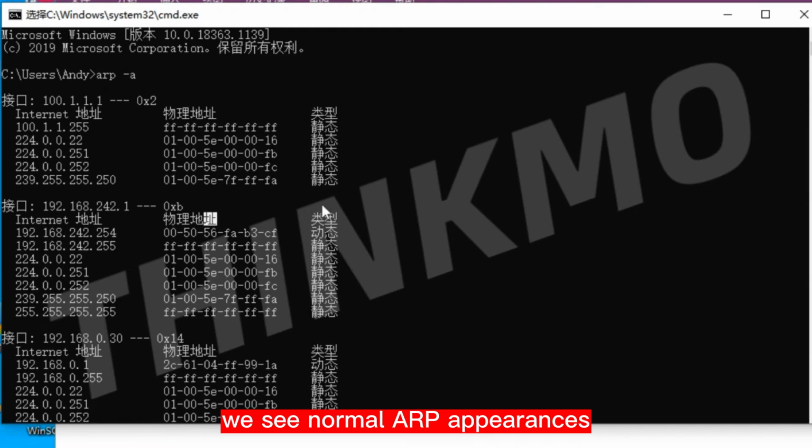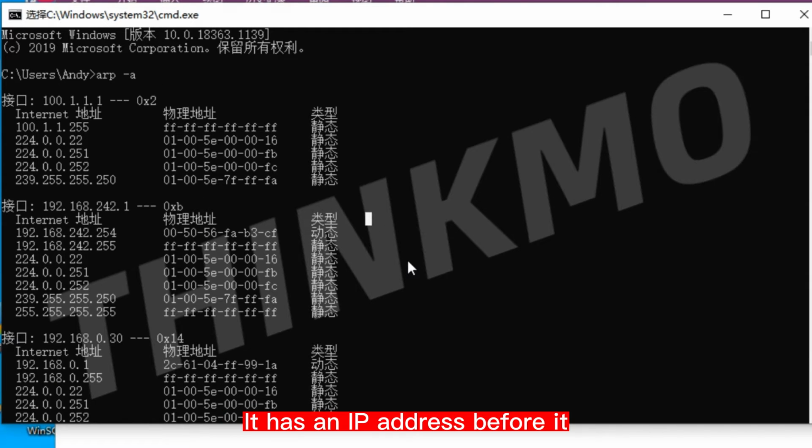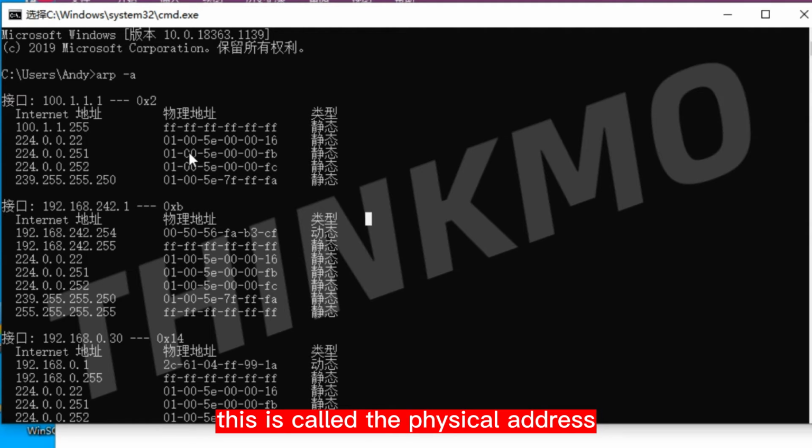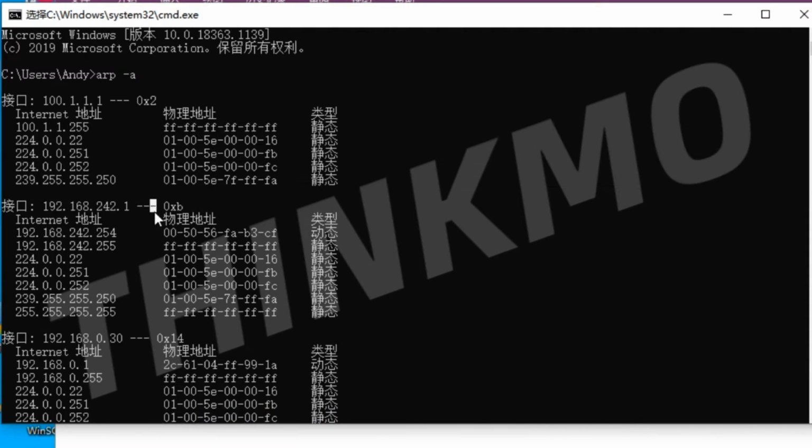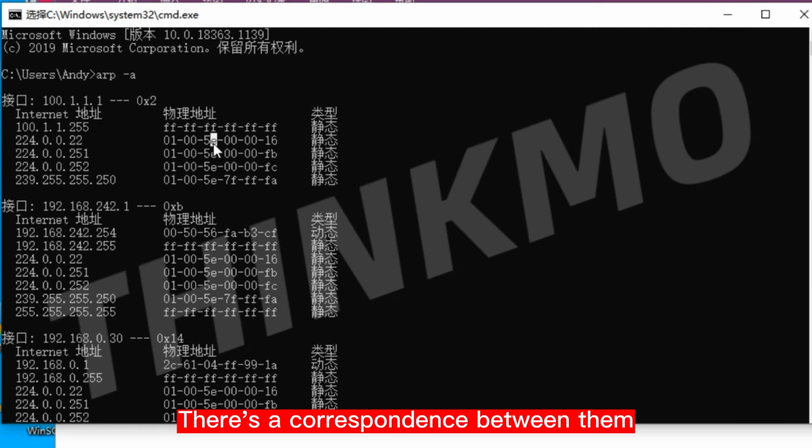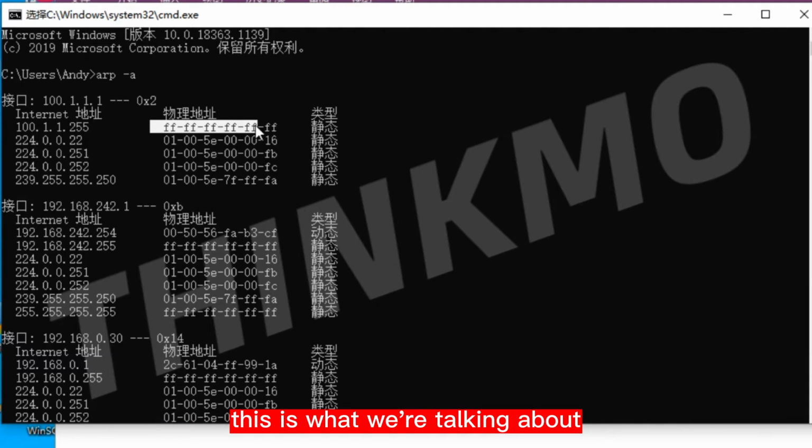We see the normal ARP entries. Each has an IP address, and this is called the physical address. The physical address is the MAC address we just talked about. There's a correspondence between them. Every IP address has a corresponding MAC address.